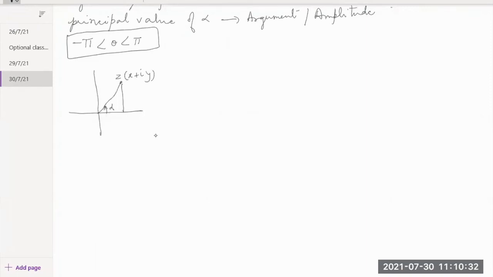So here I'm going to say my theta is equal to alpha itself, only if my complex number is lying in the first quadrant. So whatever alpha you're going to get in your answer, that same alpha would go as theta over here, and that would be the amplitude or the argument. This is the first diagram. Second one.